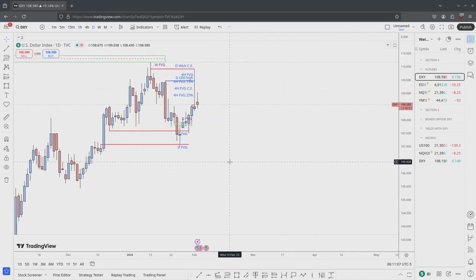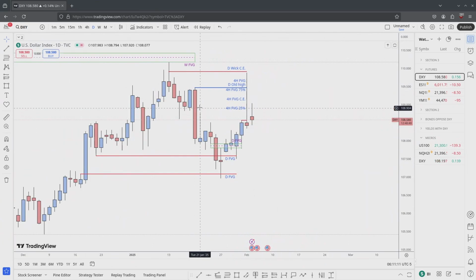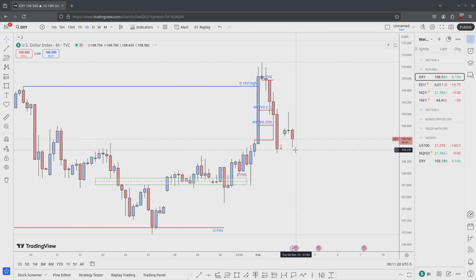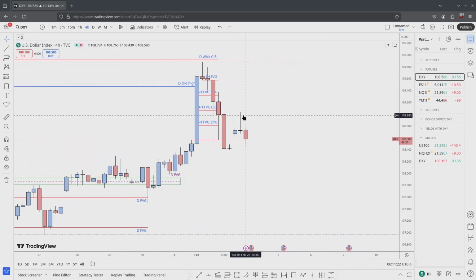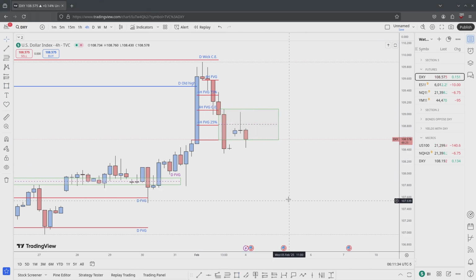Not really too much here to see, other than the fact that we had this order block. We traded into that order block. We moved away from that level. We get this wick and that wick, and you see that you got a little gap there.